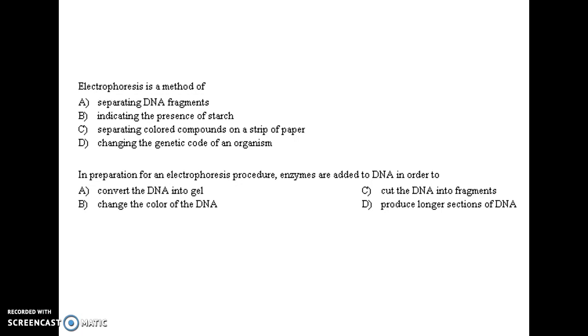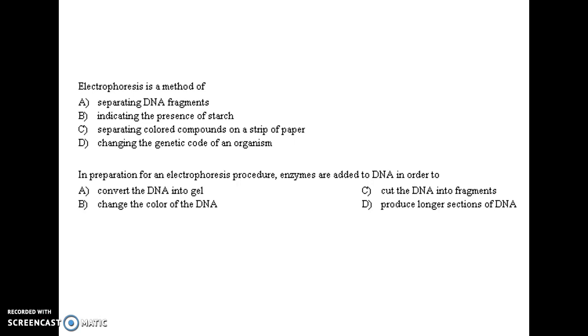3. In preparation of an electrophoresis procedure, enzymes are added to DNA in order to do what? What are we doing to the DNA? Are we A, converting the DNA into a gel? B, changing the color of the DNA? C, cutting the DNA into fragments?